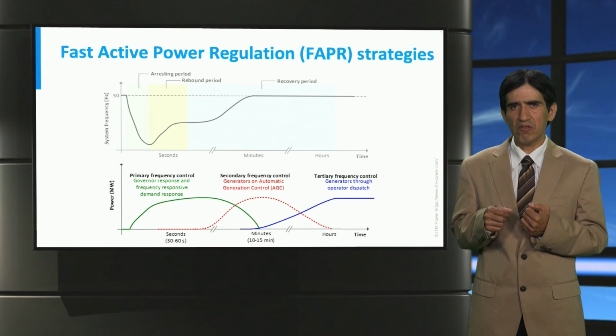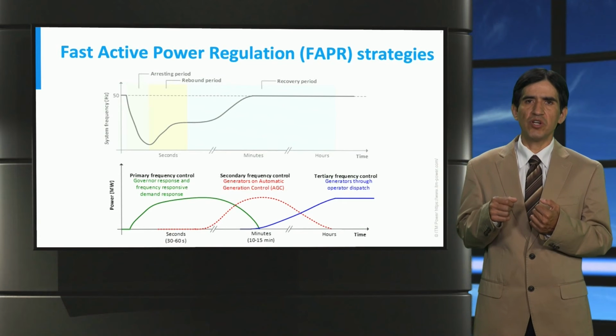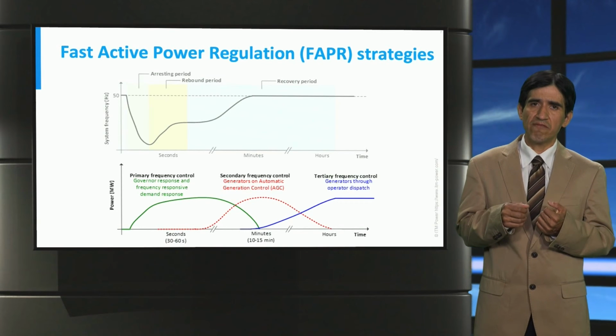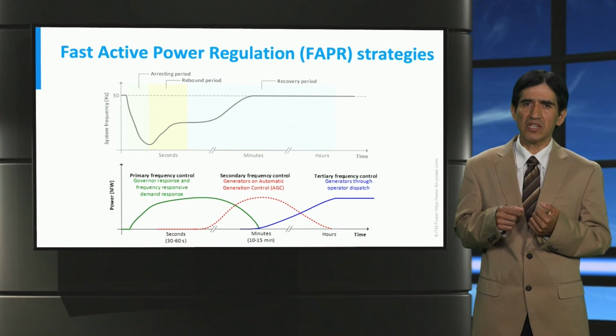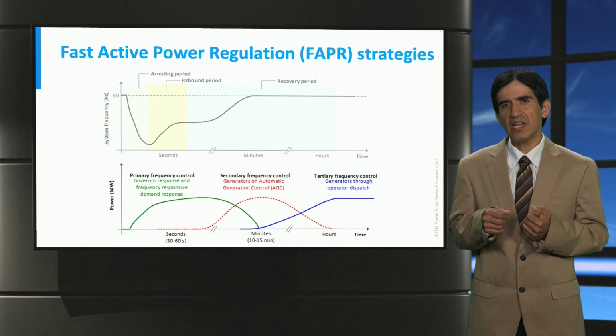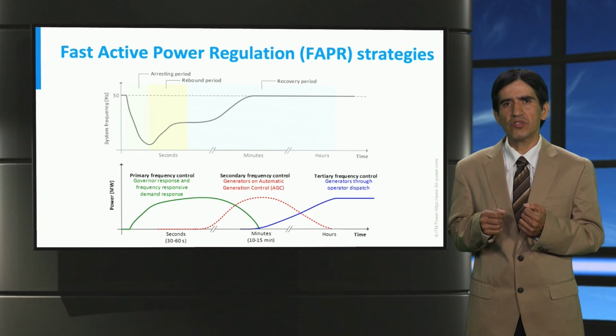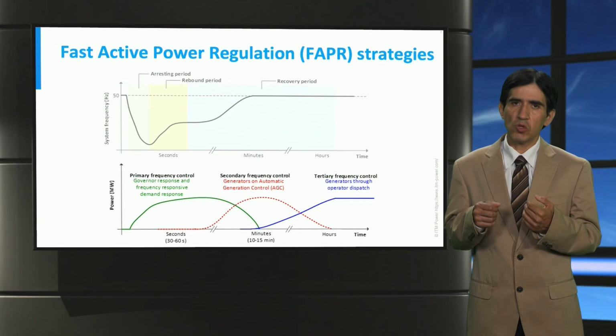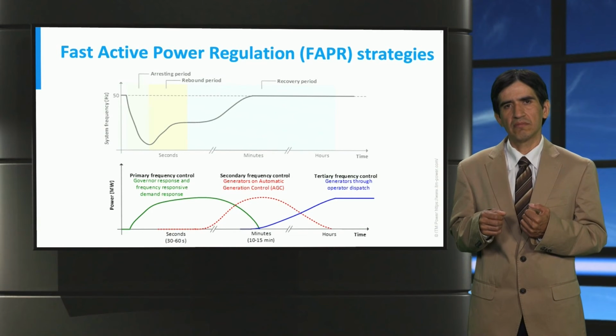A fast active power regulation strategy acts within the so-called frequency containment period, which occurs in a time frame of milliseconds to several seconds. Additionally, electrolyzers can contribute to subsequent periods, like manual or automatic restoration towards the nominal frequency range.